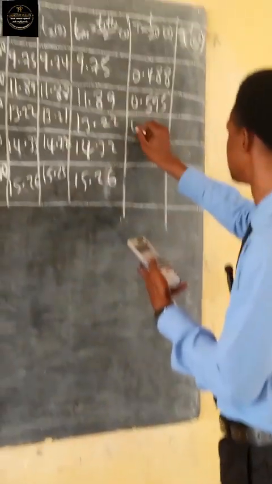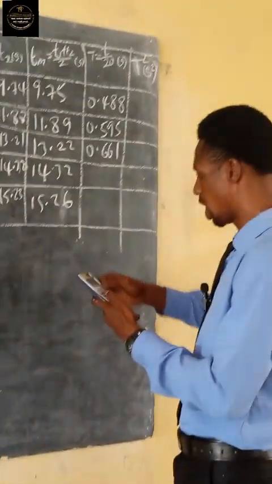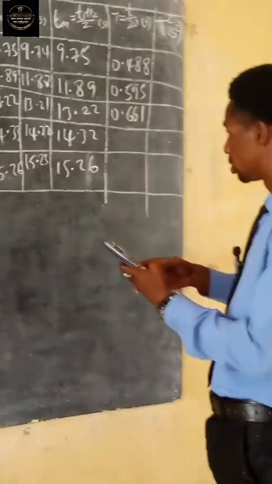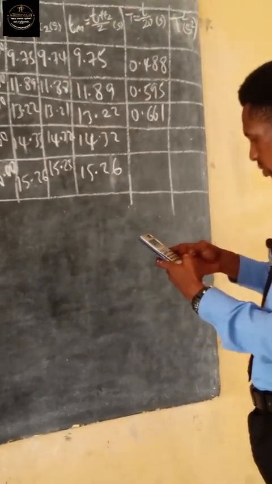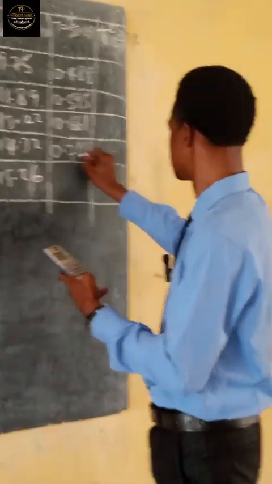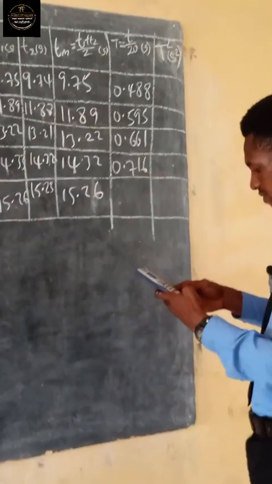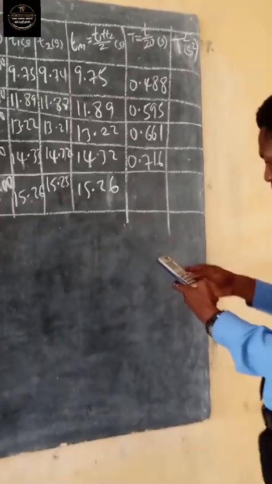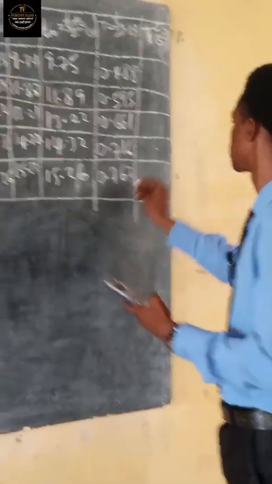So this becomes 0.661. So I'll do the next one, 14.32 divided by 20. So that gives me 0.716. So I'll do this one also, 15.26 divided by 20, equal to 0.763.